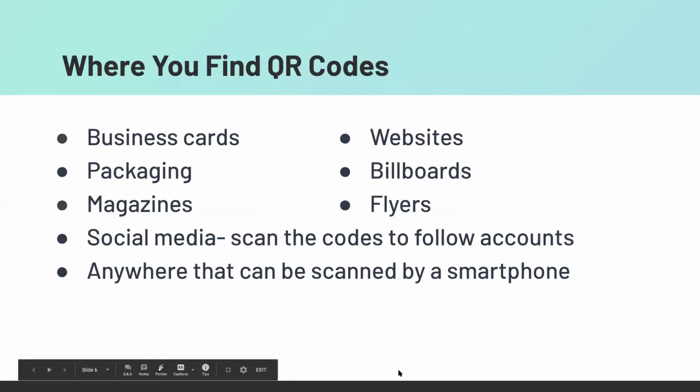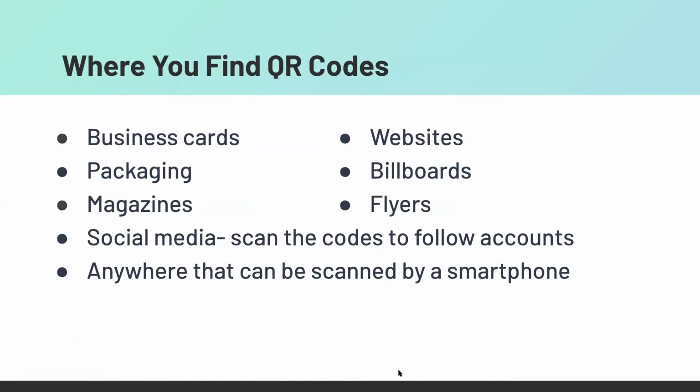So you might be thinking, where do you find QR codes? There are many places that you can find QR codes, and it's really unlimited, any place, anywhere. But some common places are business cards, packaging, magazines, as well as websites, billboards, and flyers.